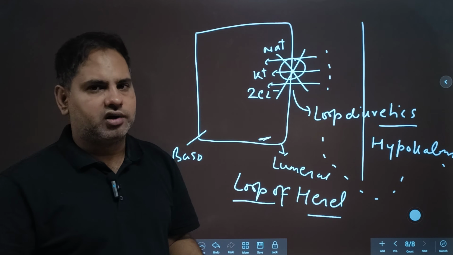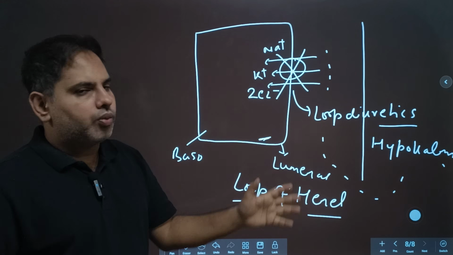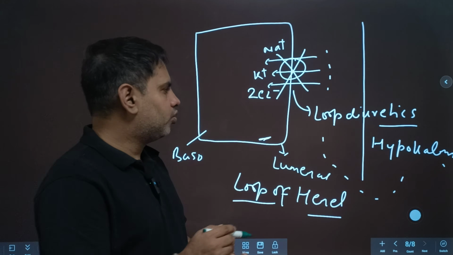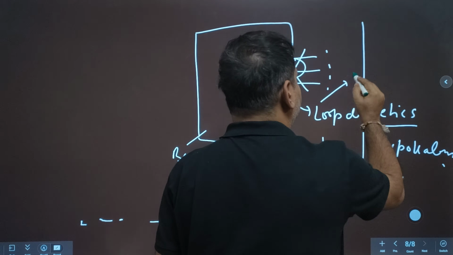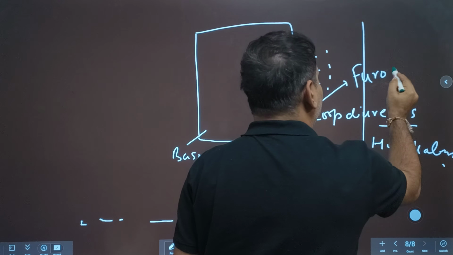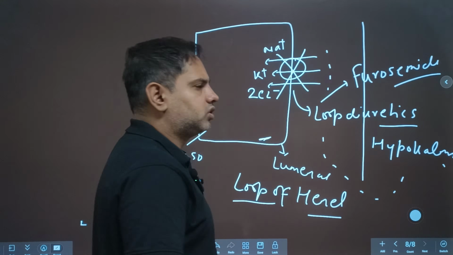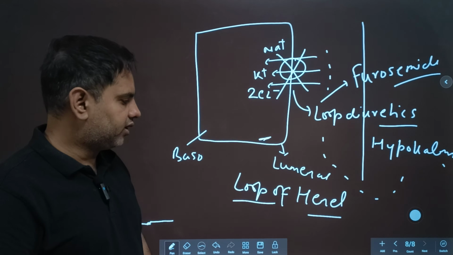The most commonly used drug under loop diuretics is furosemide.